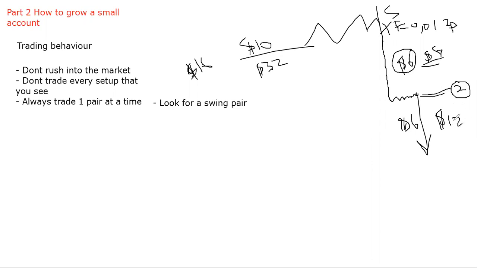If you add 12 plus 6, you're already at 18. 18 plus 10, that's about 28. 28 plus 6, that's $34. I hope my mathematics is correct.